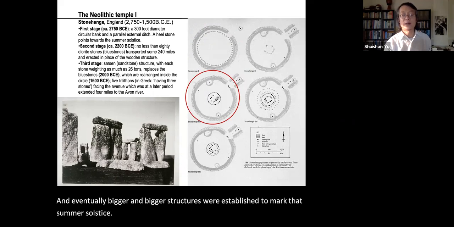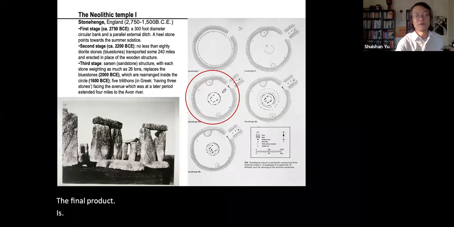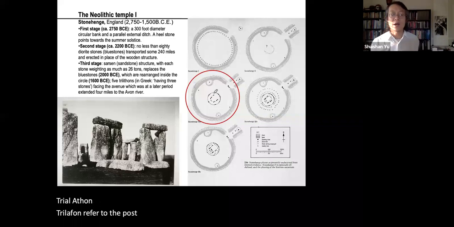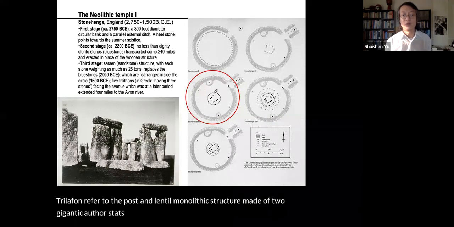The final product is a bunch of trilithons. Trilithon refers to the post-lintel monolithic structure made of two gigantic orthostats with a horizontal lintel.